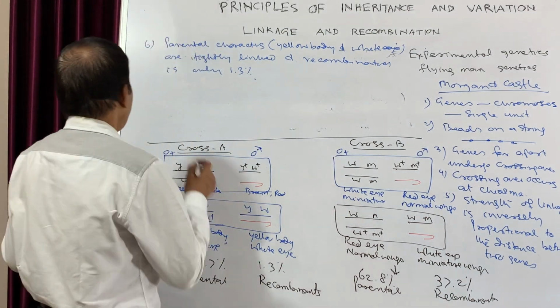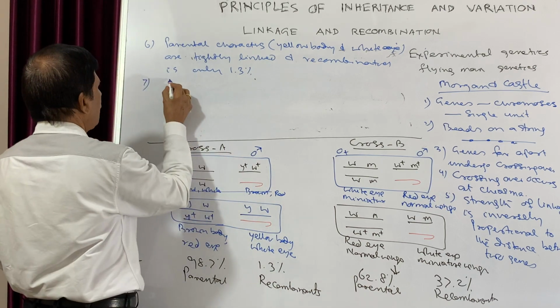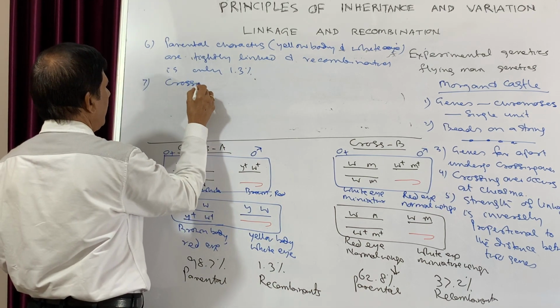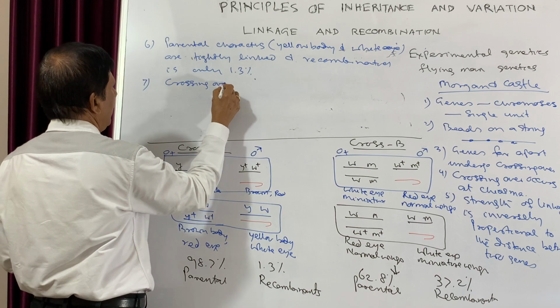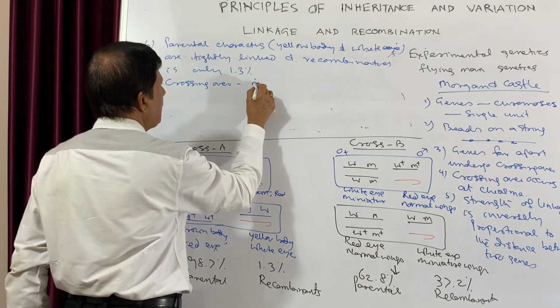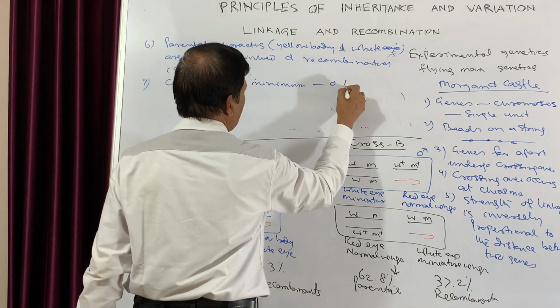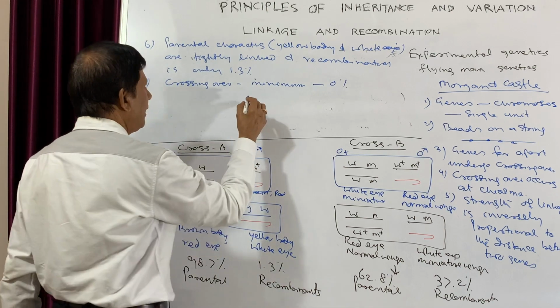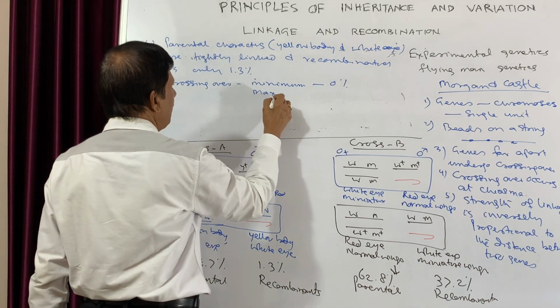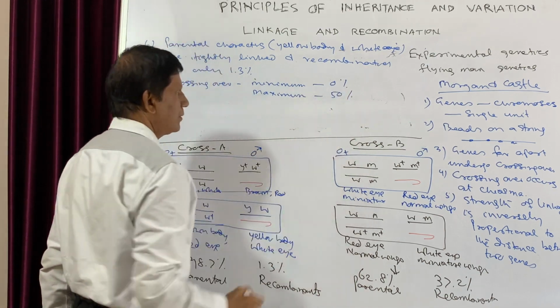So another conclusion is that crossing over is a minimum. Suppose there is no crossing over, then it is 0%. And the crossing over will be maximum 50%.